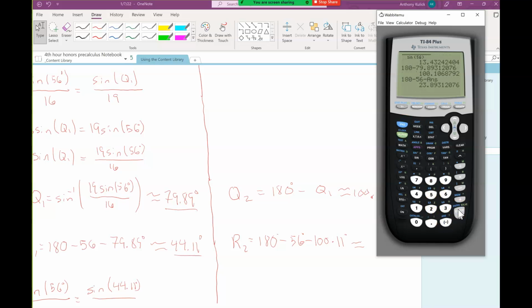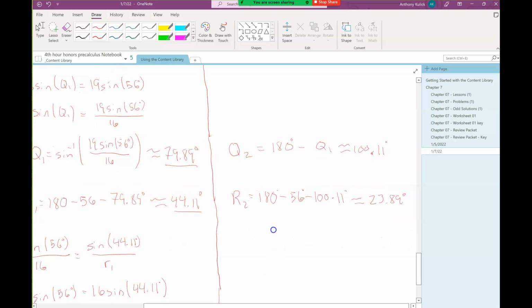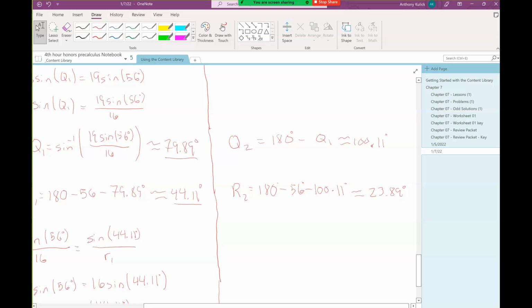So that's 2389. And then to find side R2, I'm going to set this up the exact same way as the previous one, but I'm going to use the value for angle R2 instead of the angle R1. You know what I mean?